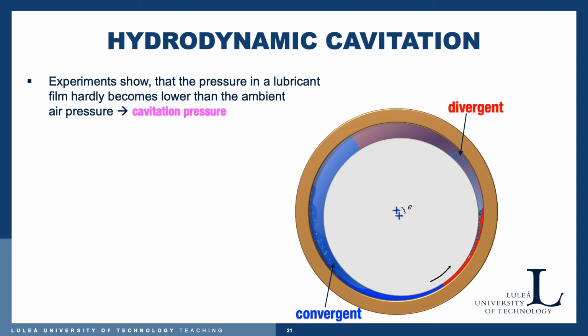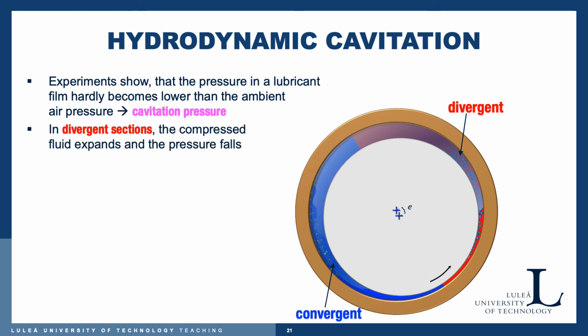Experiment shows that the pressure in the fluid or in the lubricant cannot become much lower than the ambient or atmospheric pressure, and this is the definition of the cavitation pressure. And in divergent sections, the compressed fluid expands and the pressure falls.